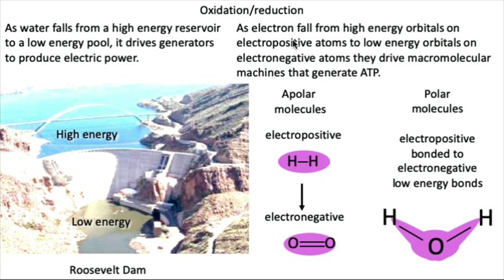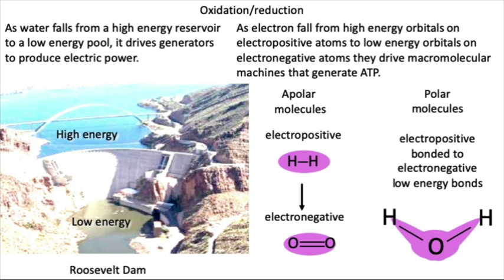And as the electrons fall, they drive wheels which produce ATP. In the hydroelectric dam, there's a high energy well that water falls from under the force of gravity. It spins wheels to produce electricity and ends up in the low energy well.